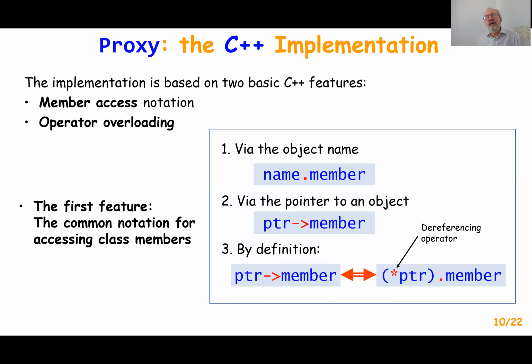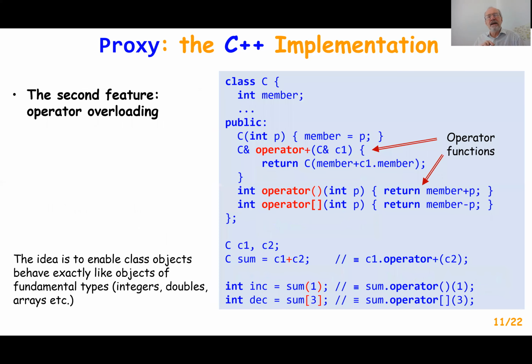The second feature is a little bit more complicated, but much more interesting. So look at the next slide. The second feature is called operator overloading. This is a relatively big example illustrating this. I will have some comments on this slide. So look at the comment at the left side.